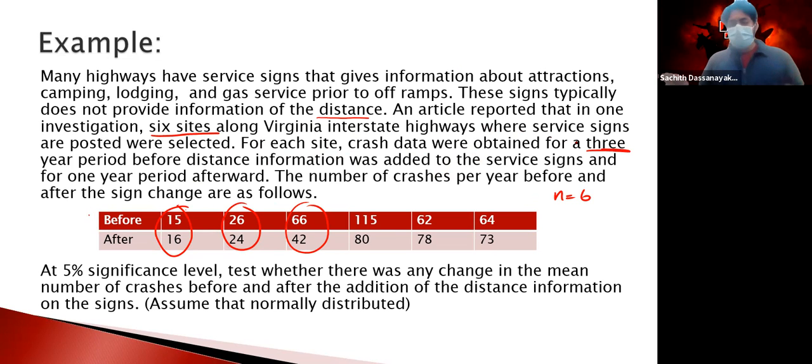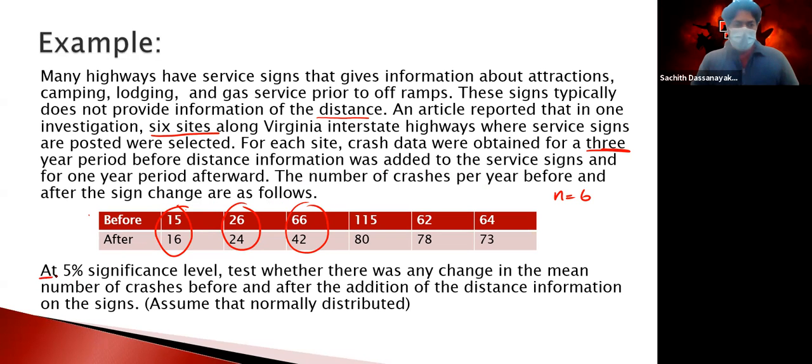Then the signs were serviced, and data were collected for a 1 year period afterward. The number of crashes per year before and after the sign change is as follows.